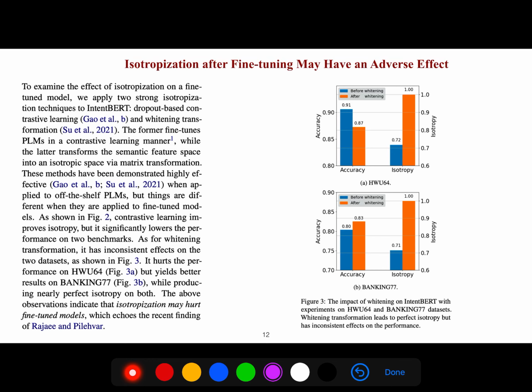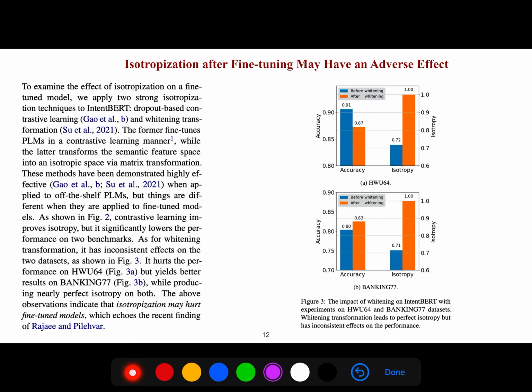So to examine the effect of isotropization on a fine-tuned model, we apply 2 strong isotropization techniques to IntentBERT: dropout-based contrastive learning and whitening transformation. The former, which is the dropout-based method, fine-tunes in a contrastive learning manner.